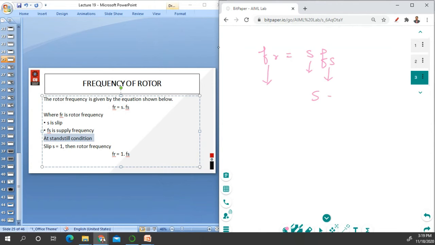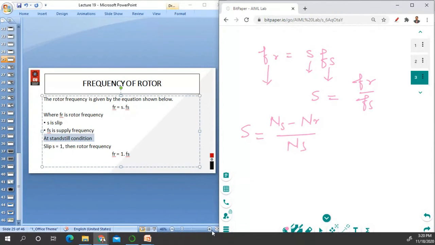So you can represent slip using Fr upon Fs also, or you can also represent slip as Ns minus Nr divided by Ns. So you also calculate the value for this Fr.